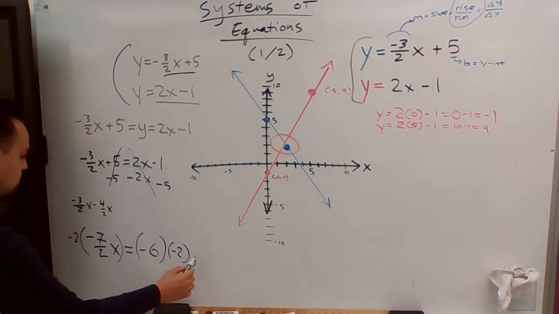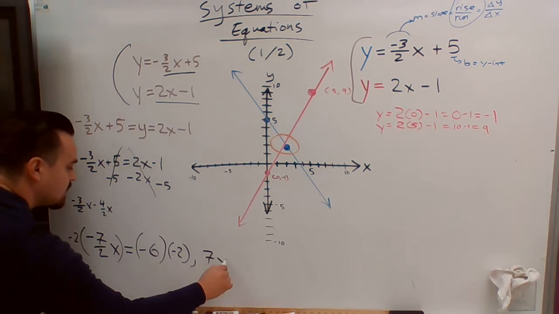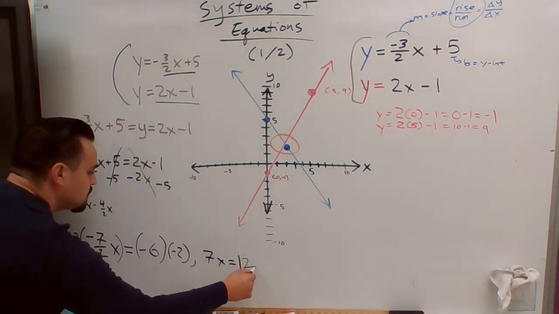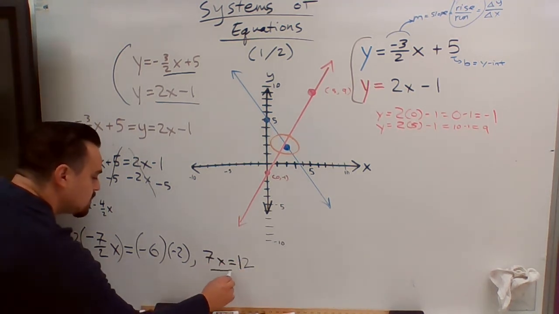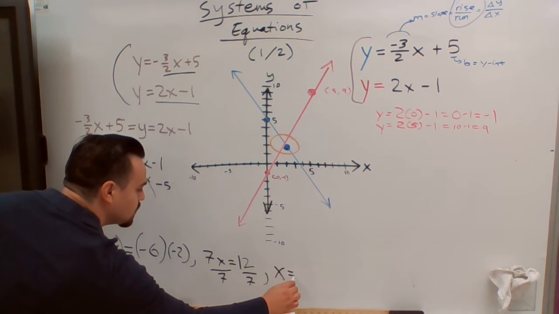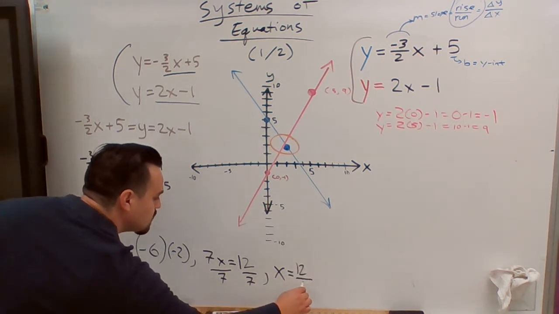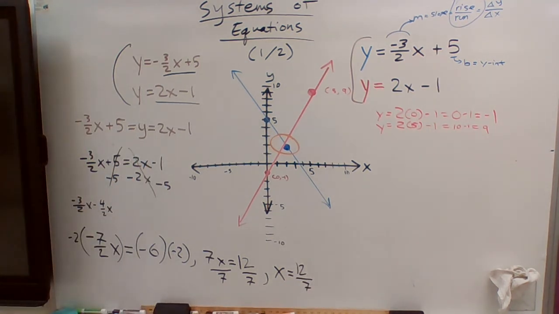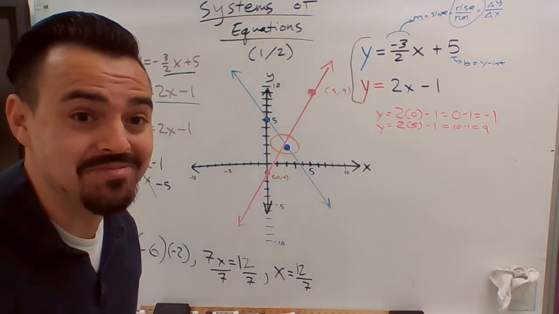And we're going to be left with 7x equals 12. Divide both sides by 7. And we're going to get x equals 12 sevenths. We're not done yet.